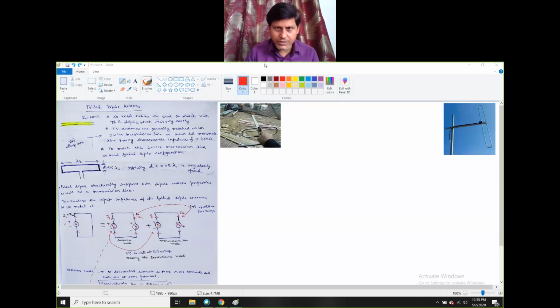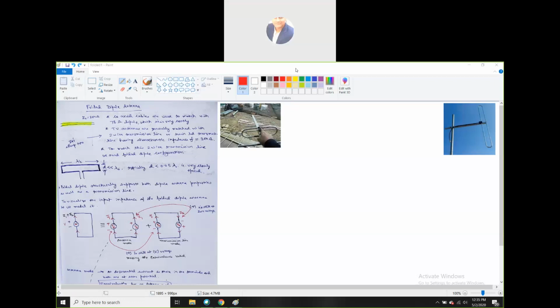In the previous lecture, we saw that when you design a Yagi-Uda antenna with the dipole as an active element, your directivity increases, and with the help of the parasitic elements, the directors and reflectors, you are able to increase the gain of the antenna.